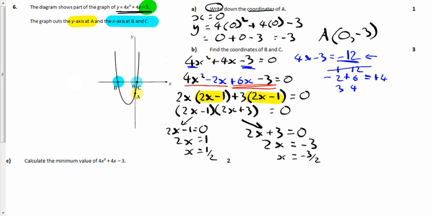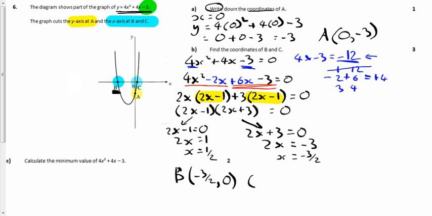It asks me to write down the coordinates of B and C, so I just need to take care. B is the one back here, so that's the one with the negative x coordinate. So B has to be negative 3 over 2, 0.